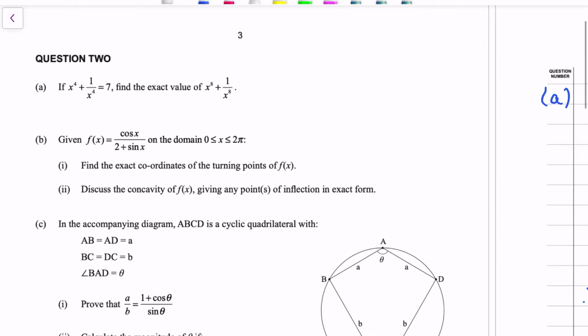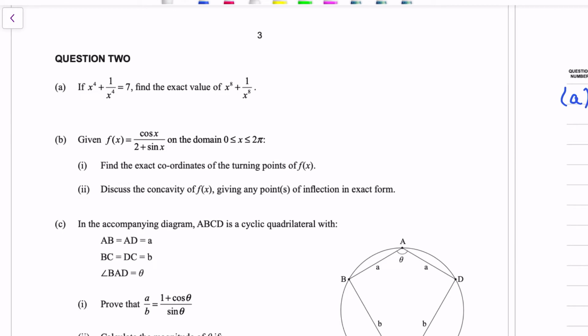If we want to connect the information that's given to the information we need, hopefully you can see that by squaring the information given, we're going to get x to the 8 and 1 over x to the 8.